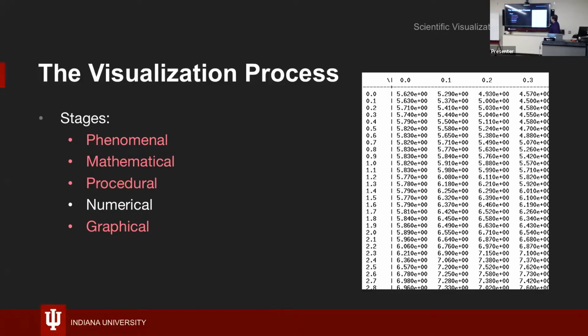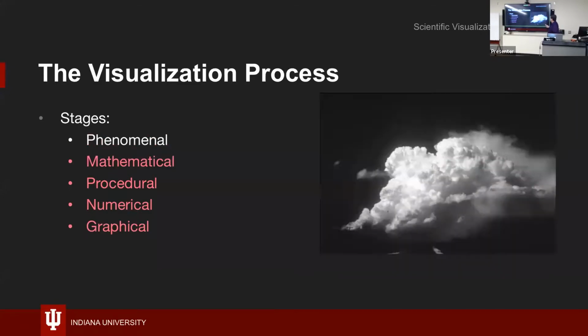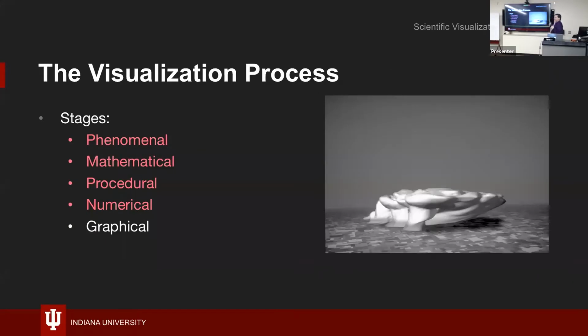And then we take those numbers and go back to a visual representation that hopefully more or less matches what the natural phenomenon looks like. I should have had a slide here. I'm just going to go back. And we can use that matching as a test to make sure our formula and our procedures are valid.